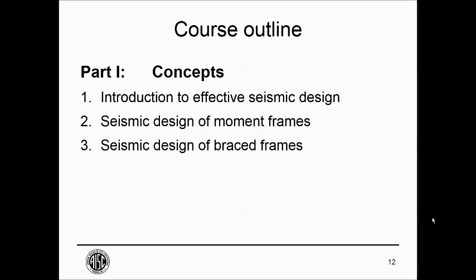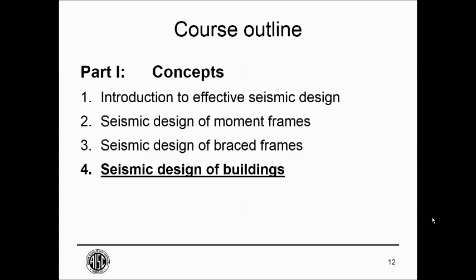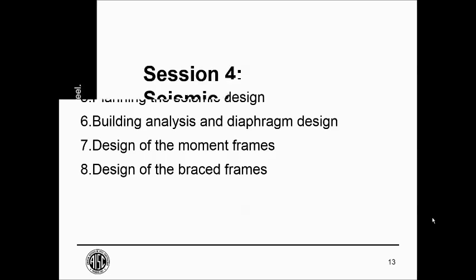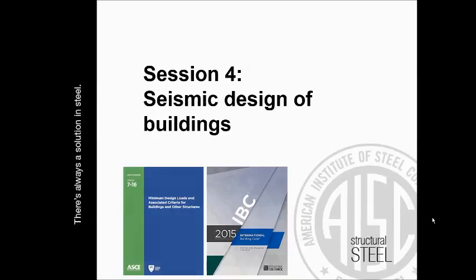So we've been through some of the basics of seismic design. We introduced moment frames and brace frames. Today we're going to introduce what I'm calling the seismic design of buildings. That includes the interrelationships of codes, all of that in preparation for the 4-part design example beginning next week. So, Session 4, Seismic Design of Buildings.